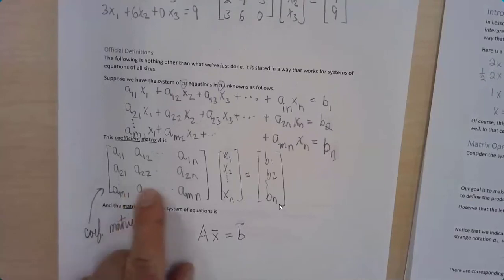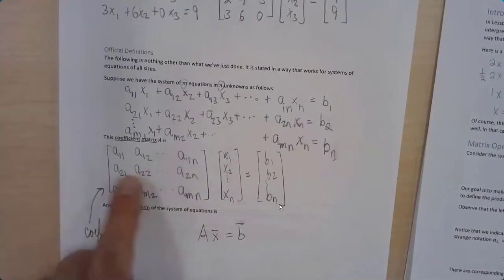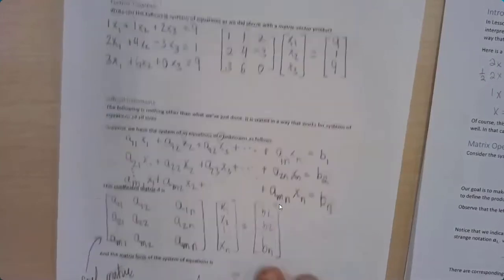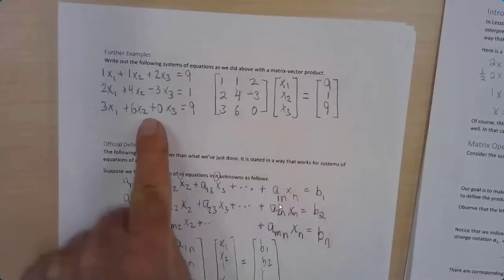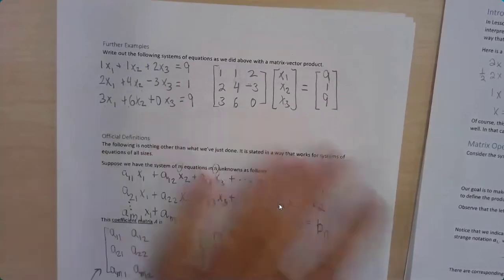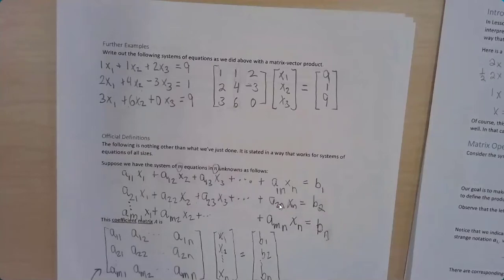If you spelled it all out in terms of the entries in the matrix, it would look like that. And you can see a particular example by looking at this one right here. This is the standard way we're going to be doing it from now on.